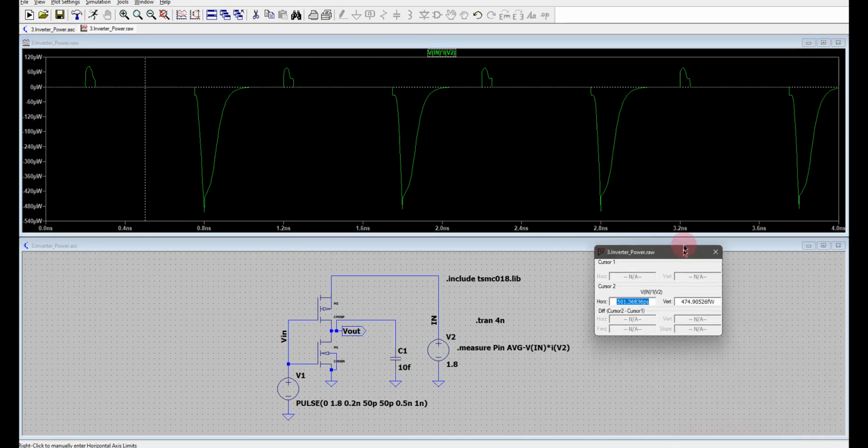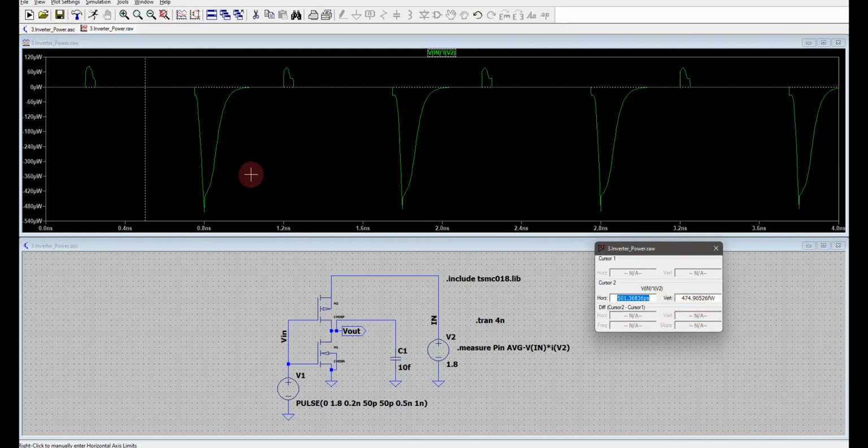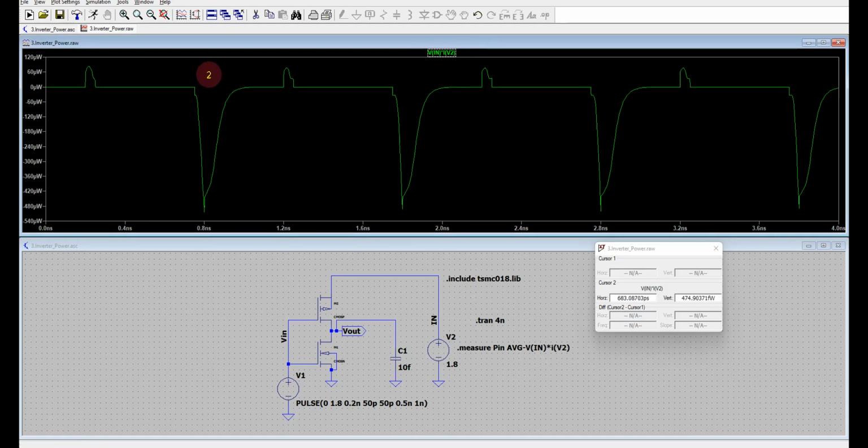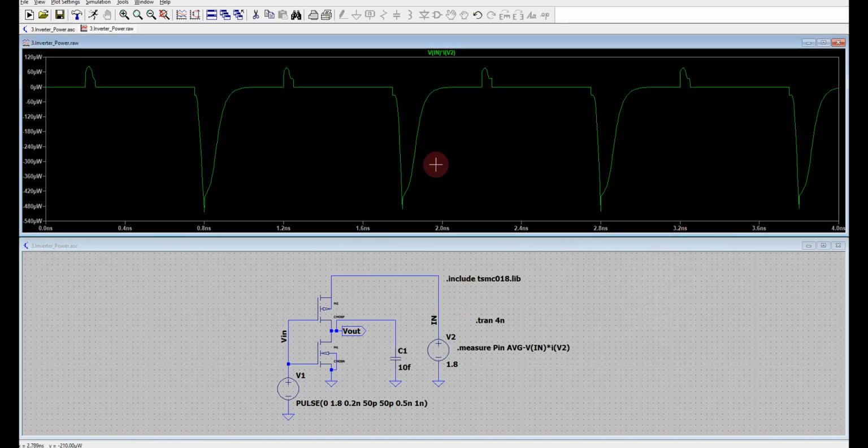If I see on this window, it is in femtowatts, so there is no power here. Similarly, here also there is no power, that is the static power. So this is also static power, it is 2.8 picowatt. This is again 2.8 picowatt. So these are the places where you can find the static power. Here there is some switching activity, so the total average will give you the total power. That is the way you can measure the power of this circuit.